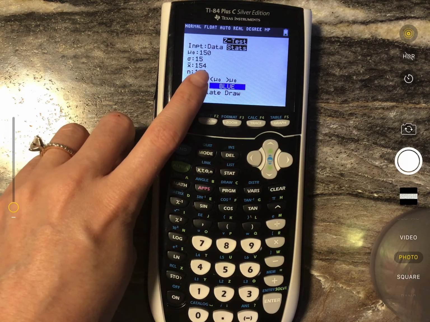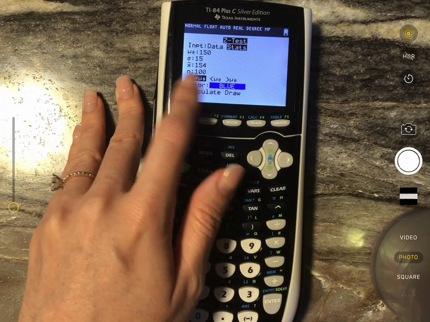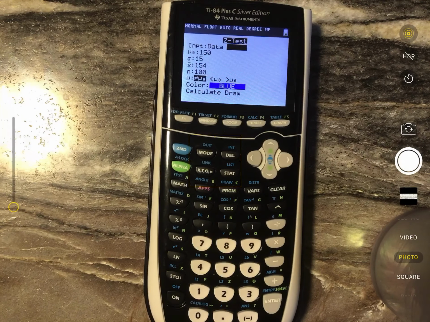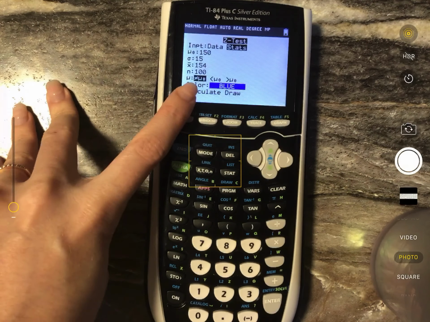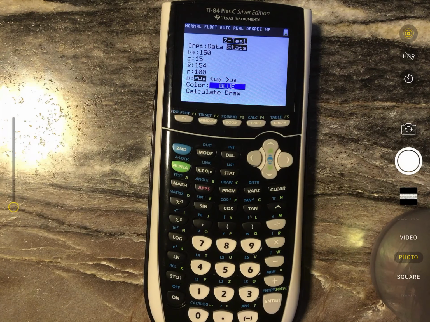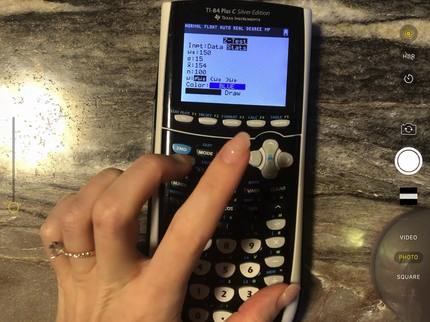Our sample mean was 154, and n was 100 students. We know it is a does not equal because they want to know if it's different from 150 words per minute. And now we're going to calculate.